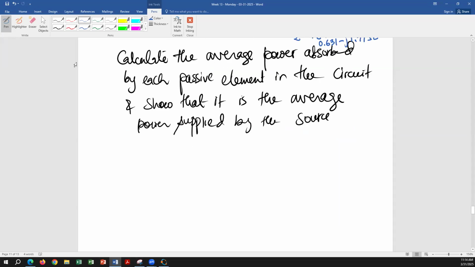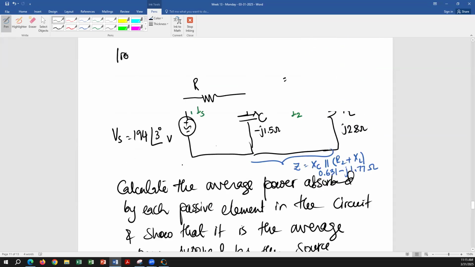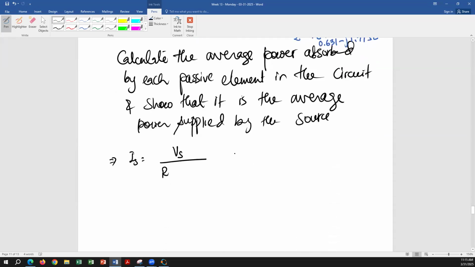Okay, so now we're going to calculate Is. Is is equal to Vs over R1 plus Z, simply Ohm's law.